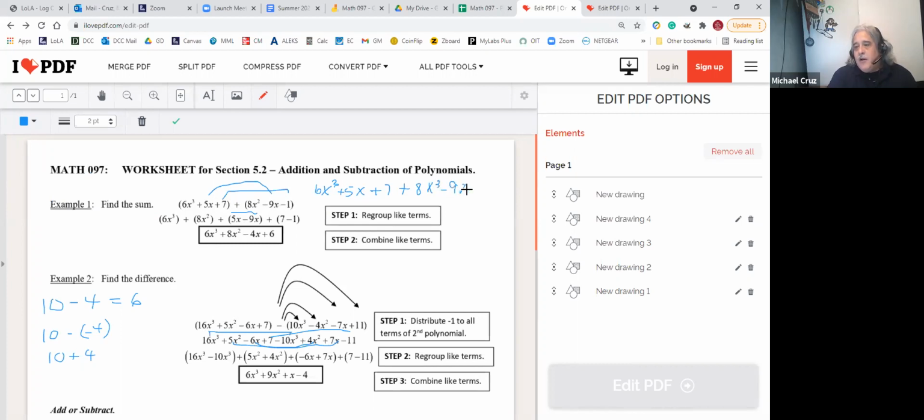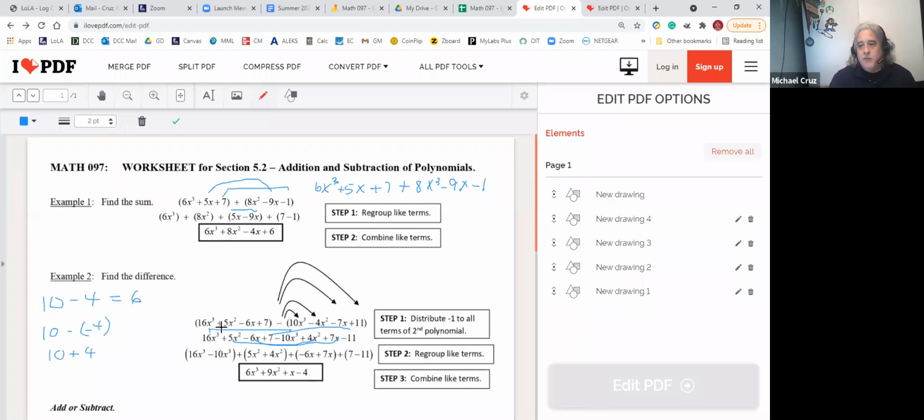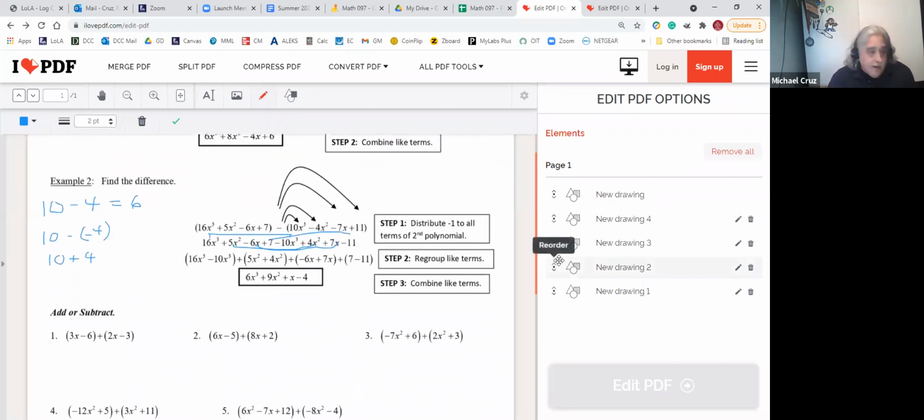Because when you're adding, you're not changing any signs. Here, like I say, the parentheses serve no purpose other than to show you that there's two different polynomials. And then jump to this, and that gives a little bit more explanation. But on this one, you're subtracting.